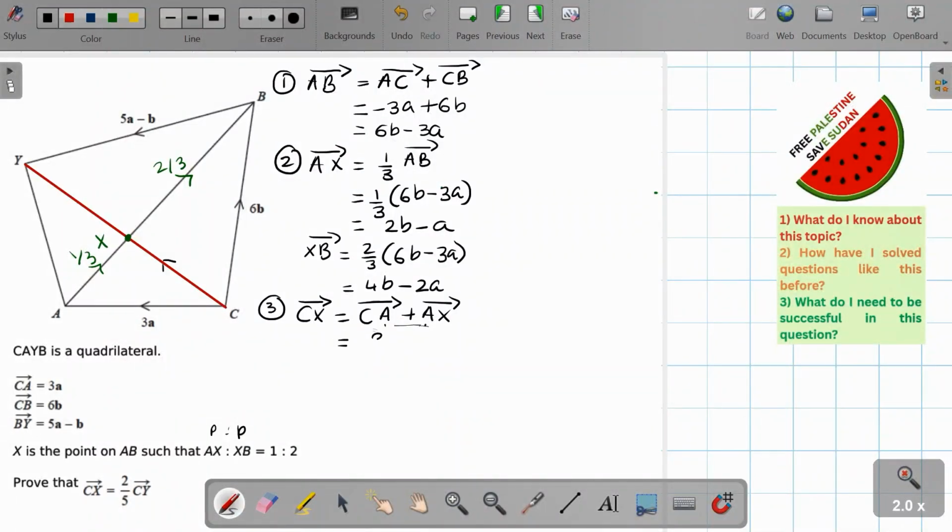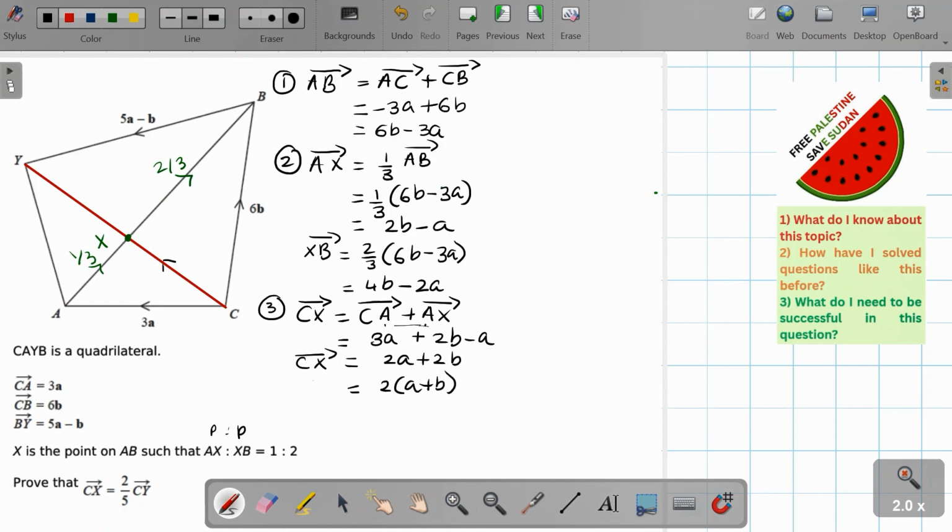So CA is 3a, and AX is 2b minus a. 3a minus a is 2a, plus 2b, that's CX. 2 brackets a plus b.